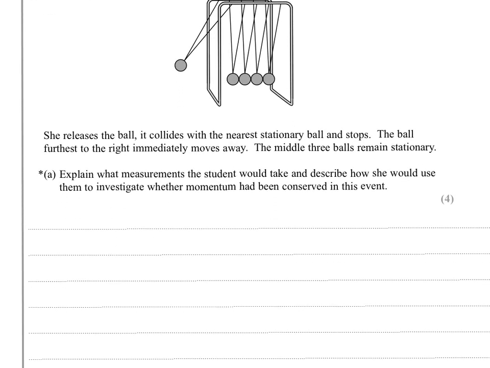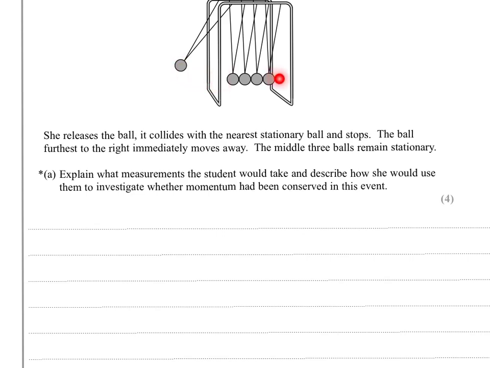Okay, so you're going to want to know, if this one comes down and this one goes up, does this one have the same momentum as that one? So you would need to know the mass of this and the velocity it hits here with, and the mass of this one and the velocity it leaves with. So I suppose the potential energy, the height drop of this one, would allow us to work out its velocity using conservation of energy between the potential here and the kinetic here.